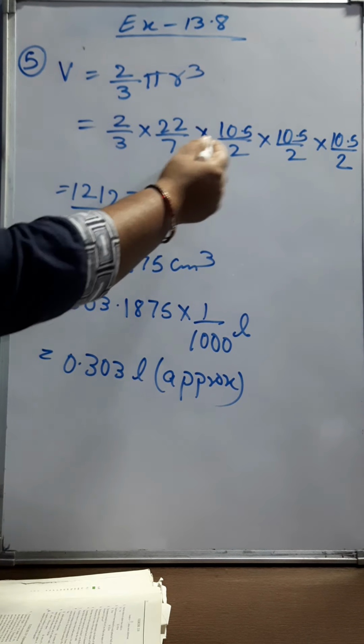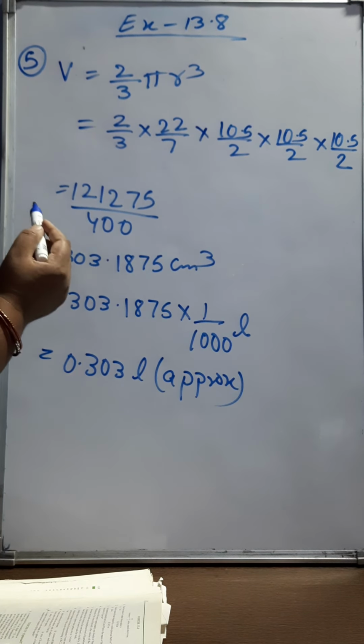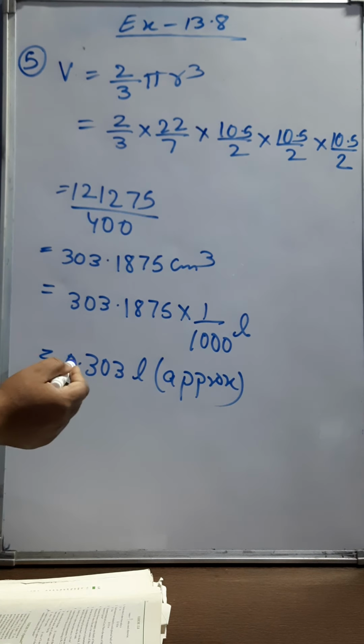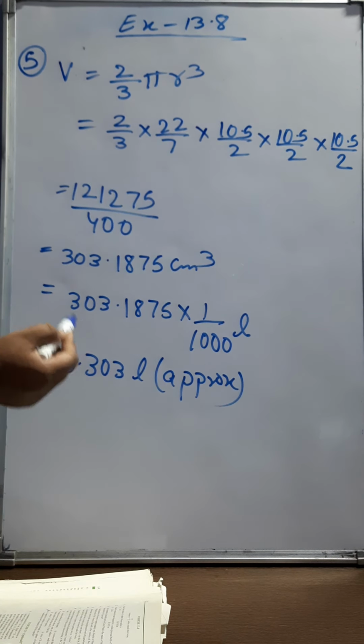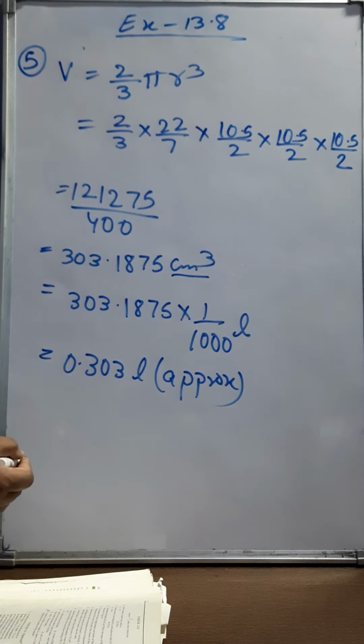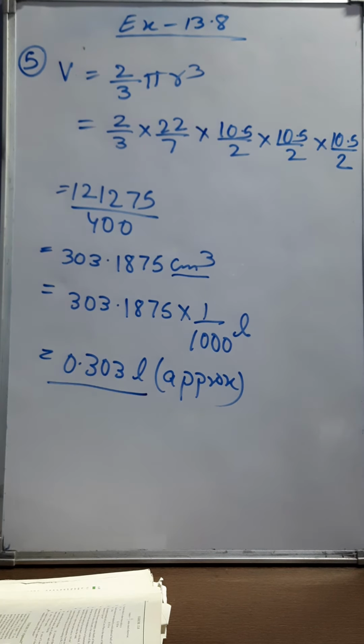If we put the value of radius, we get 1,21,275 divided by 400. If you calculate it, you get in decimal 303.1875 centimeter cube. Since 1 centimeter cube is equal to 1/1000 liter, when you calculate it, you are getting approximately 0.303 liters.